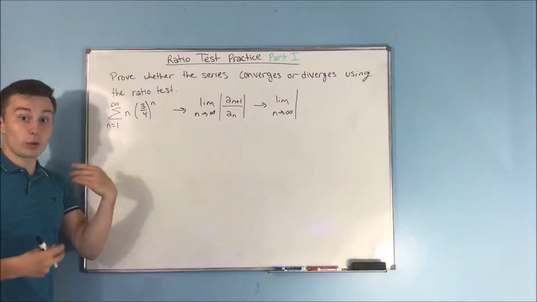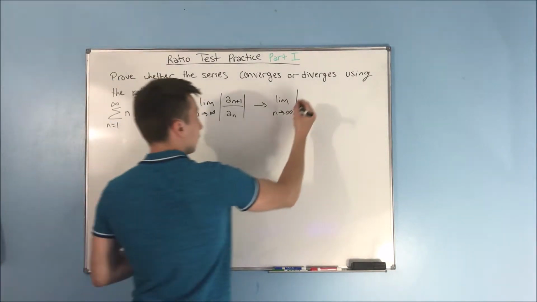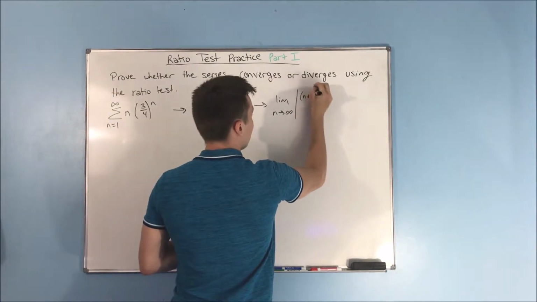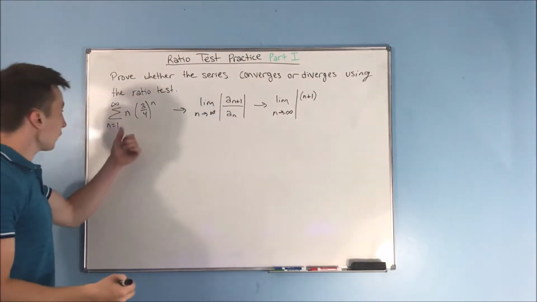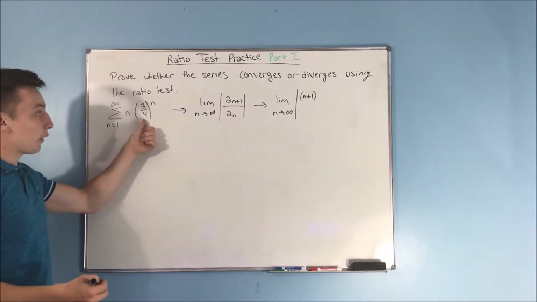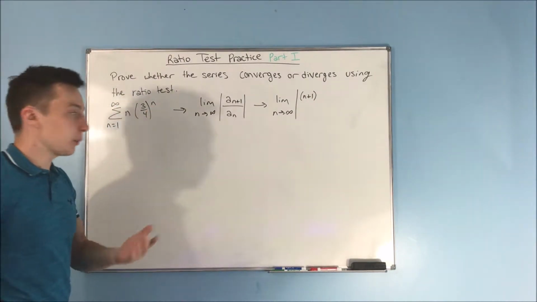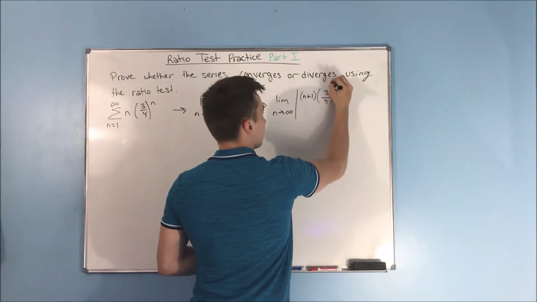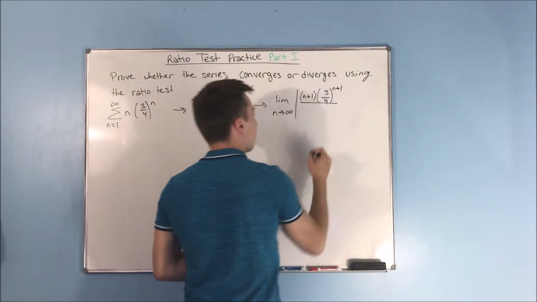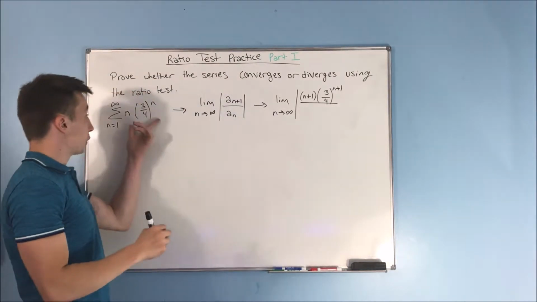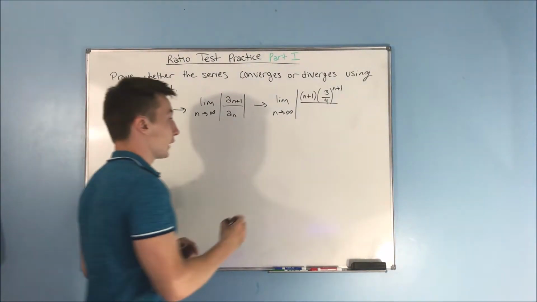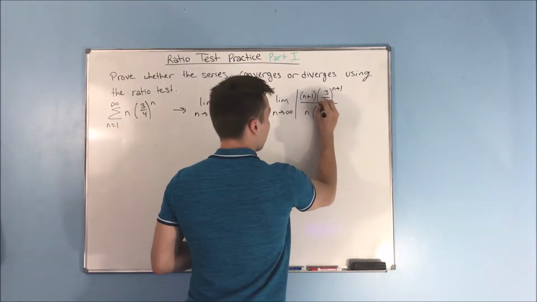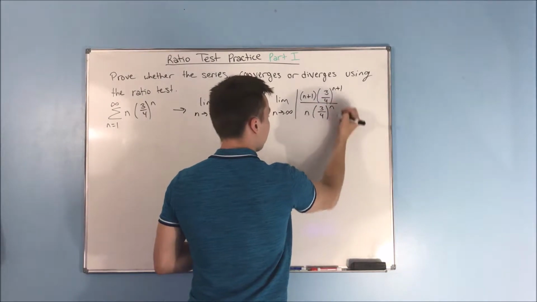Instead of n, we're going to have n plus 1, so we'll have n plus 1 times 3/4 to the n plus 1. That's going to be over just a sub n, which is n times 3/4 to the n.